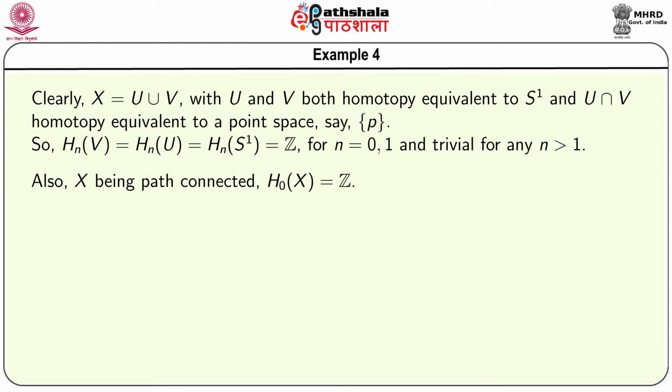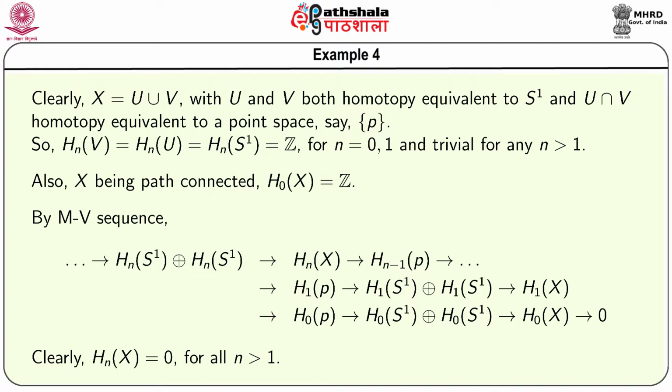Also, capital X is path connected, so it has only one path component. Therefore, the 0th homology group H0(X) is equal to Z. Now, we put all this information in the Mayer-Vietoris sequence.